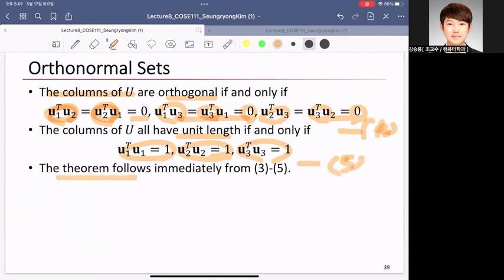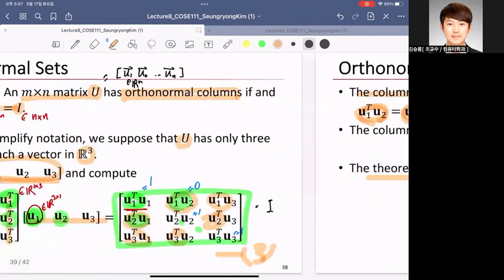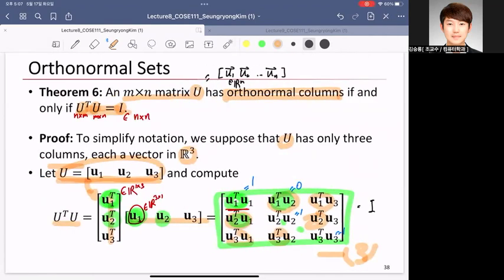The theorem follows immediately from 3 to 5. So if U transpose U is equal to the identity matrix, then the m by n matrix U has orthonormal columns. This is theorem 6. It's very intuitive.